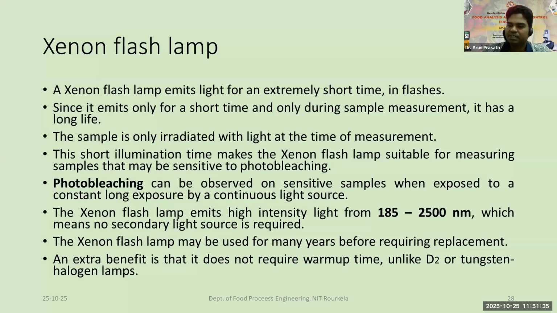So when you are measuring pigments and light sensitive materials, we should not go for the xenon flash lamp, as it has a photo bleaching effect. One of its major advantages is that it has a wider range, like 185 to 250 nanometers.